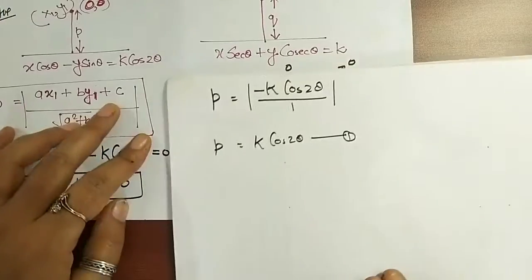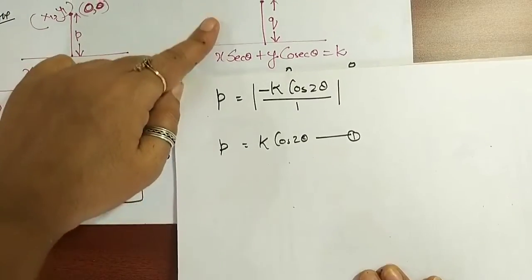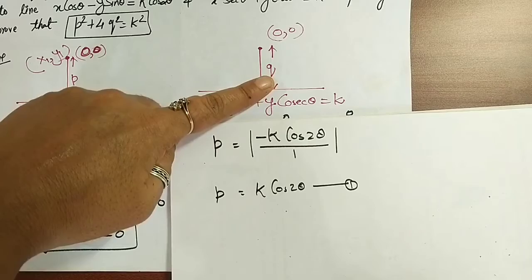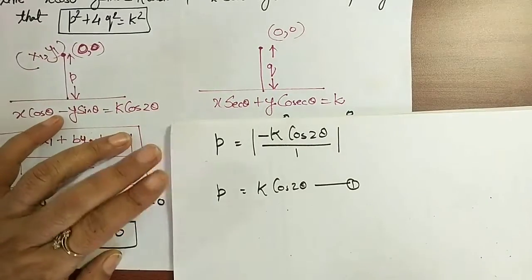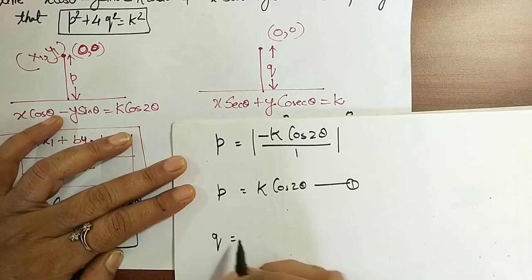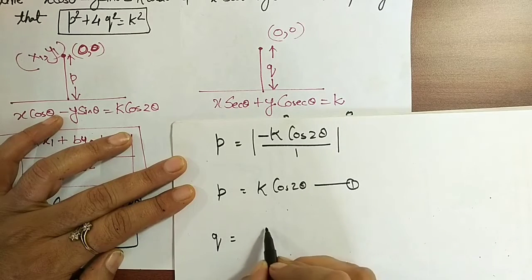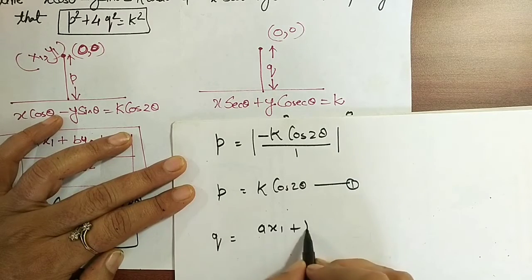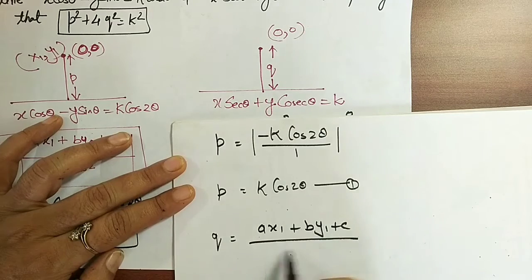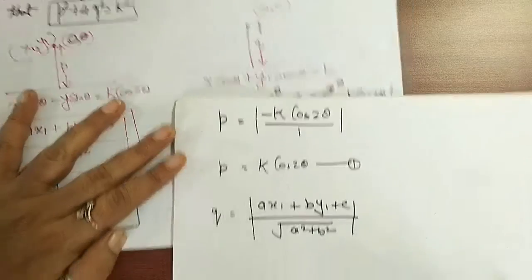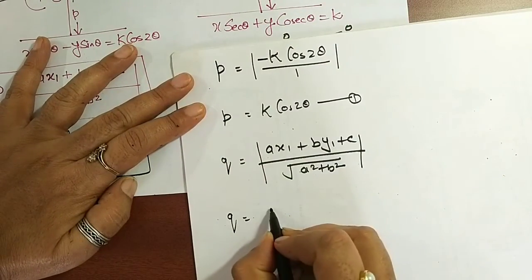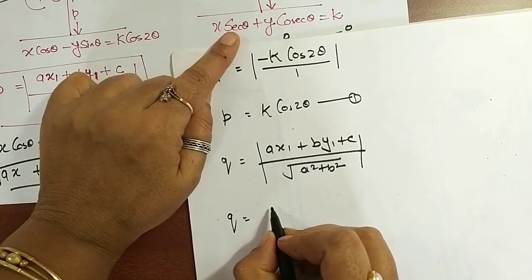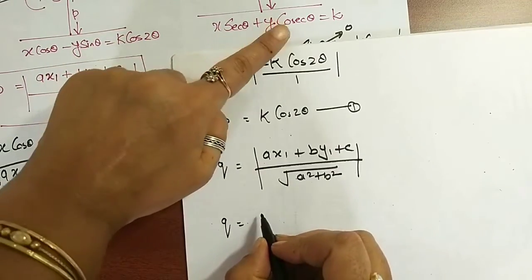Now I will use this diagram and this formula to calculate q. The formula for q is the same: |ax1 + by1 + c| under root of a square plus b square. Now I have to fit it here. a is the coefficient of x, this is b.